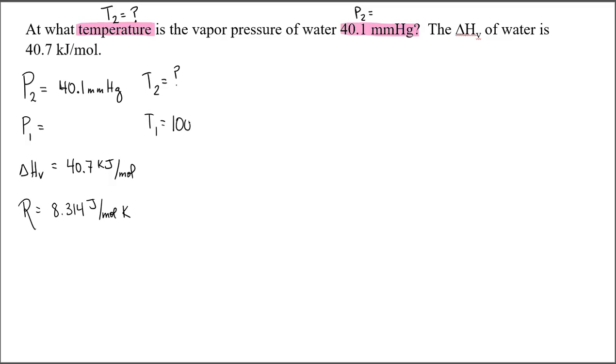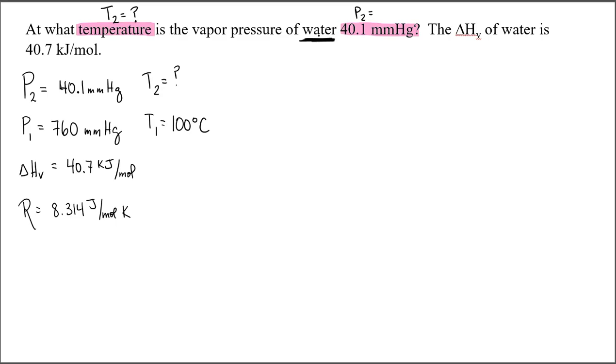So at 100 degrees Celsius, the vapor pressure of water is 1 atmosphere, which is 760 millimeters of mercury. So don't lose that normal boiling point thing. We know what the normal boiling point of water is. I didn't need to give it to you, I didn't need to explicitly state it. It's something that you know.